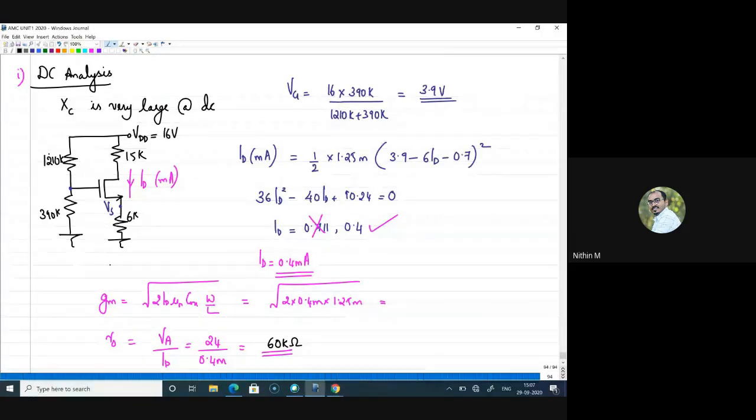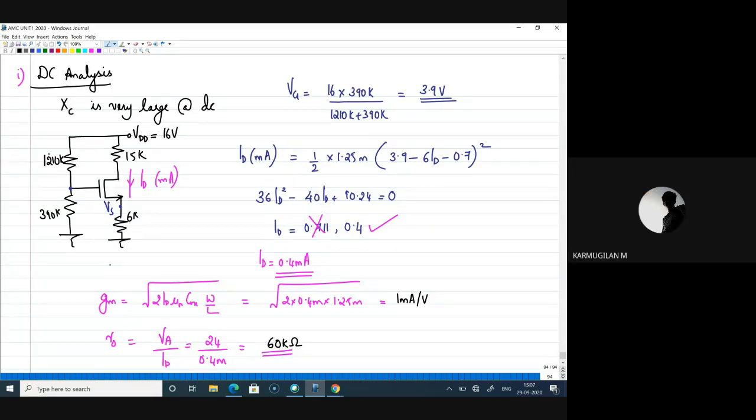And GM? Any answers for GM? GM is, yes, 1 milli. Yes. Yes, Mugil, go ahead.